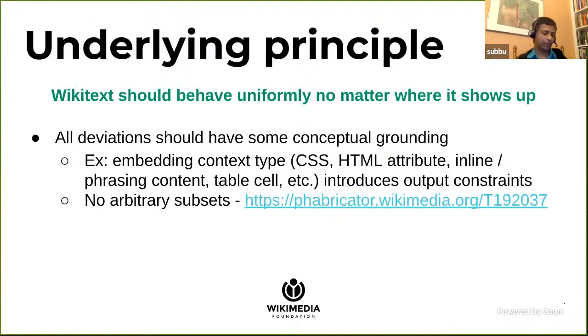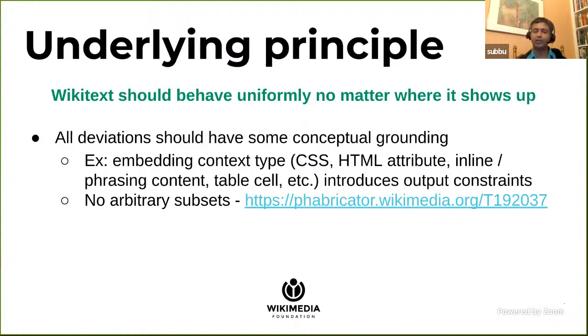So the underlying principle behind this, the fact that we take your extension wikitext and completely parse it, is because we believe that wikitext should behave uniformly no matter where it shows up, whether it's in messages, whether it's in extensions, templates, no matter what. It makes for a lot more sensible wikitext handling and easier to reason with wikitext. And any deviations from that particular behavior should have some conceptual grounding. So for example, the one deviation we support is by letting you specify the output type or the embedding context type.